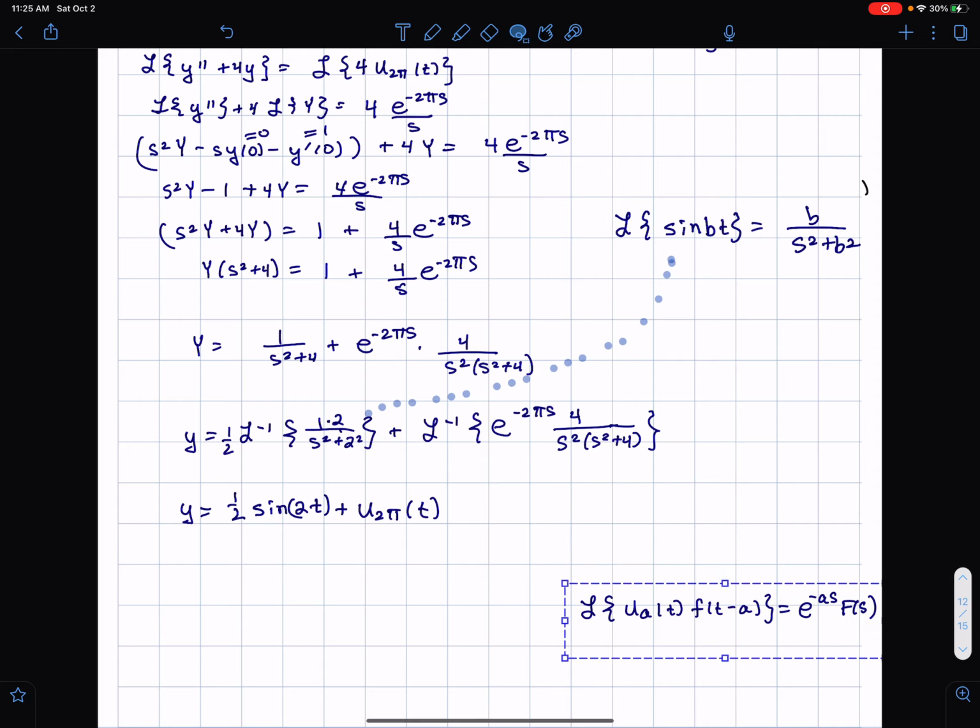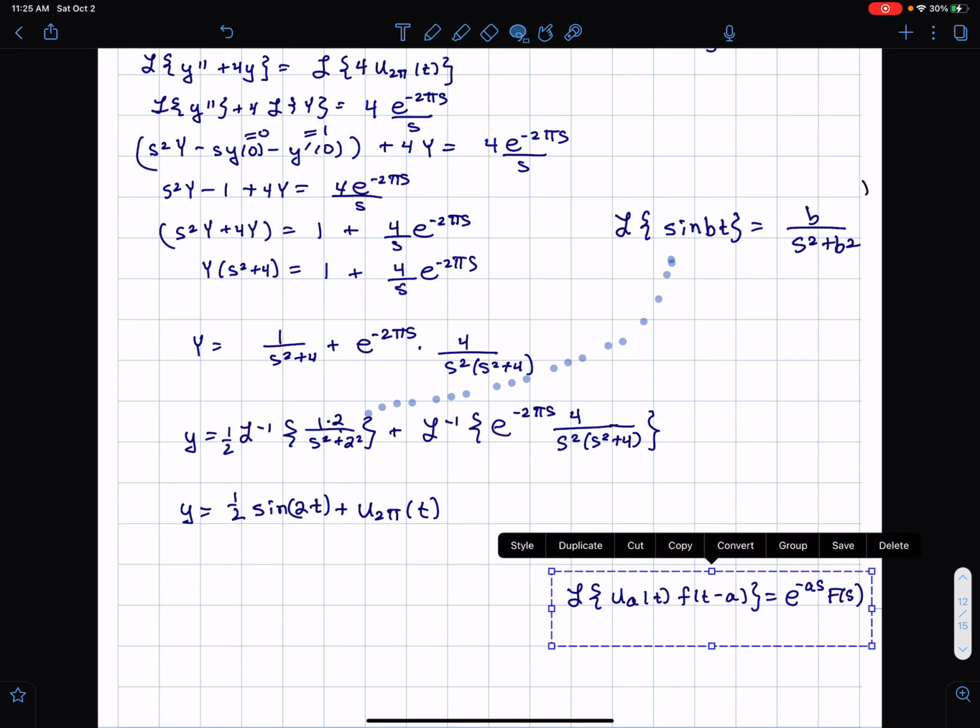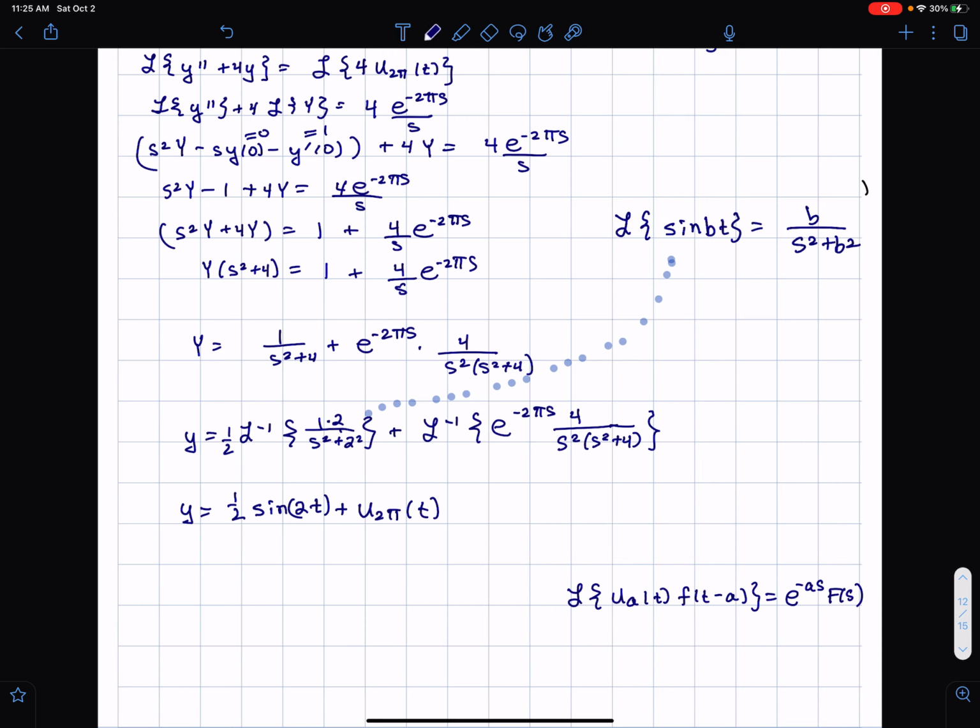And then what I need to do is find the Laplace inverse of this piece that I'm circling, but then shift it by a, where a would be 2 pi.